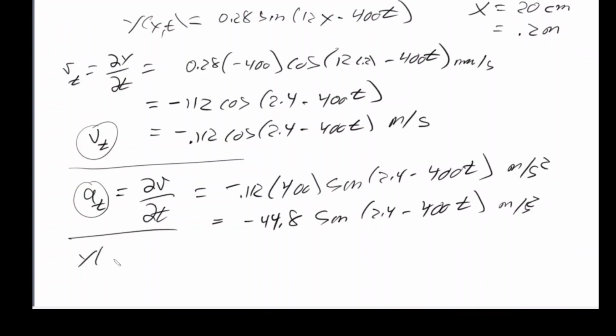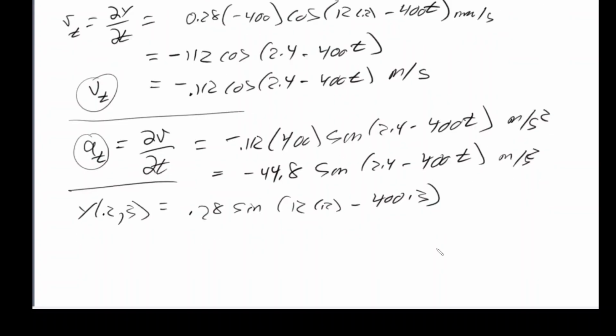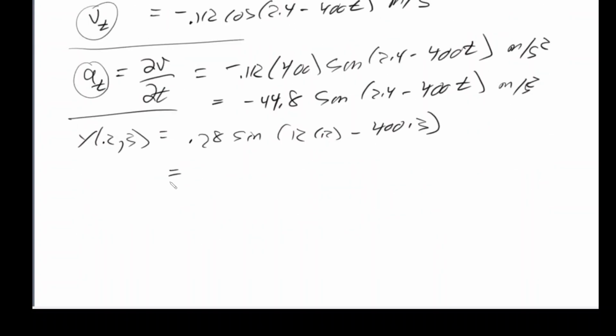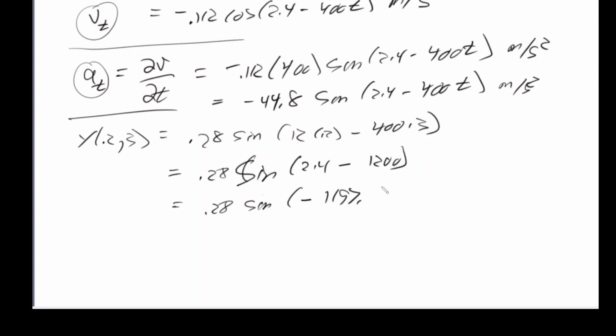We get y of 0.2 meters in 3 seconds is equal to 0.28 times the sine of 12 times 0.2 minus 400 times 3 seconds, which is equal to 0.28 times the sine of 2.4 minus 1200, which is equal to 0.28 times the sine of minus 1197.6 millimeters.